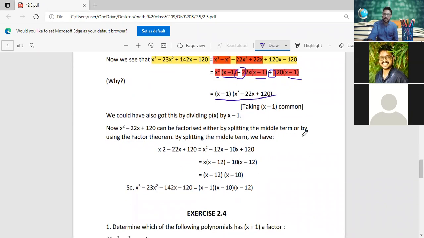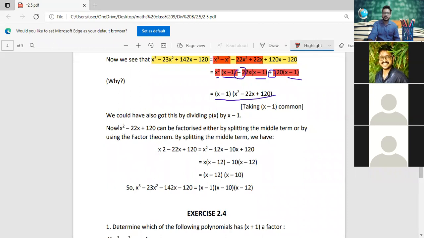That is clear. Now we have just come across a 2-degree polynomial. So a 2-degree polynomial has how many factors? Two factors. Now our aim is to factorize this polynomial. Clear? In order to do that, we can use splitting the middle term or any method. Here, this is x squared, not x into 2.